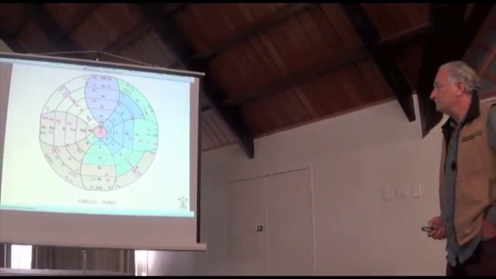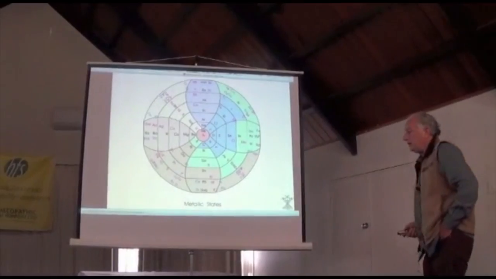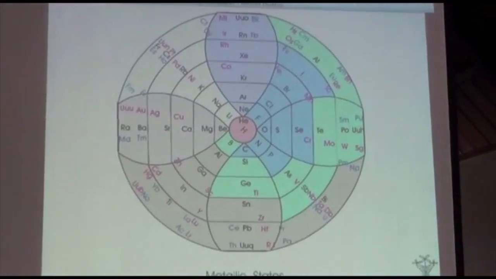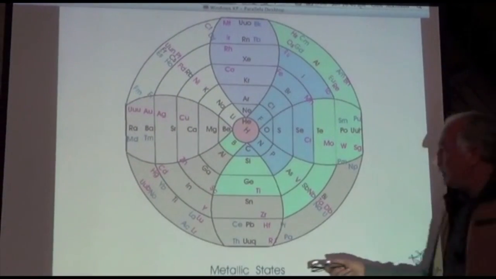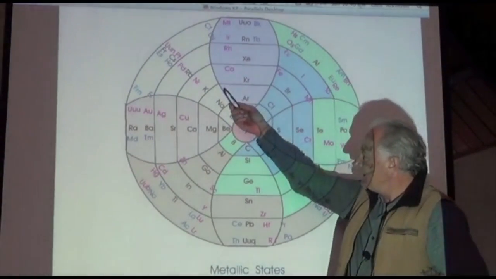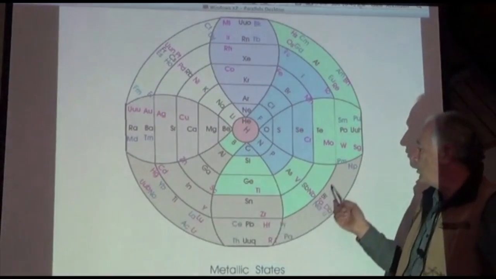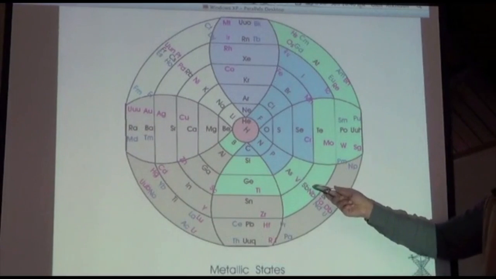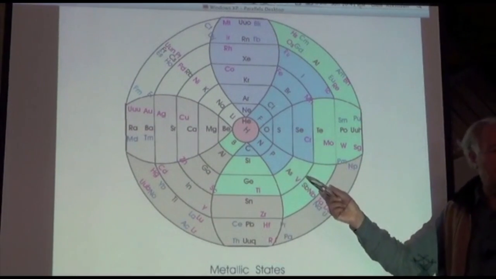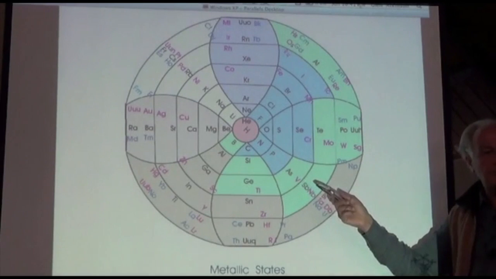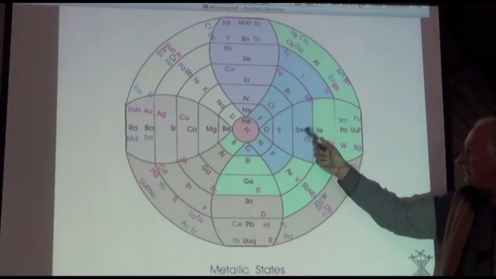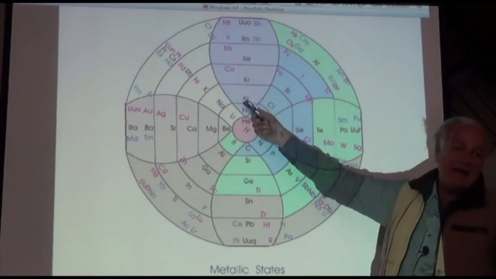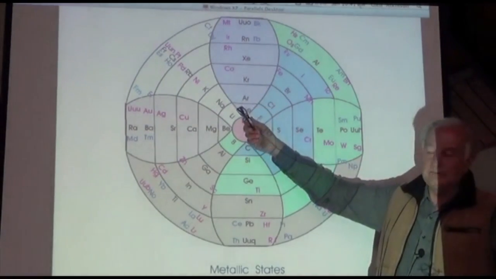And this picture is the metallic states. So again, it's just science. What it's showing us is that these brown elements are all considered metals. The green elements are these in-between substances that are metals and non-metals. And then the blue ones are non-metals. And then these are the noble gases.